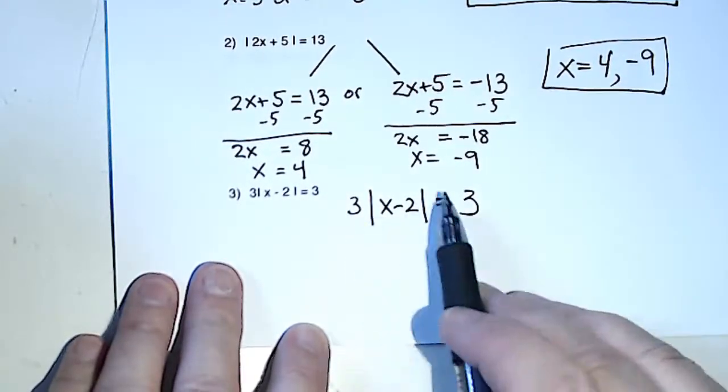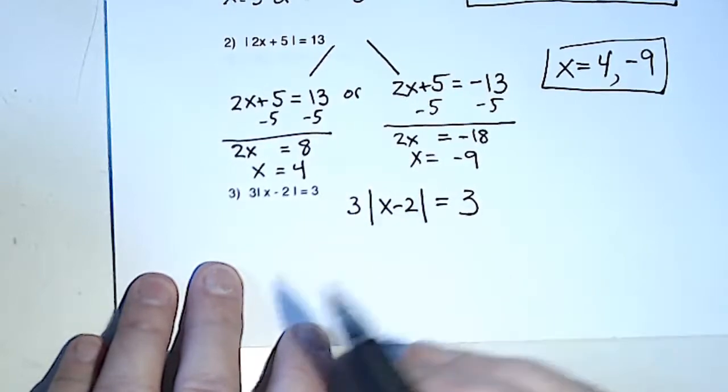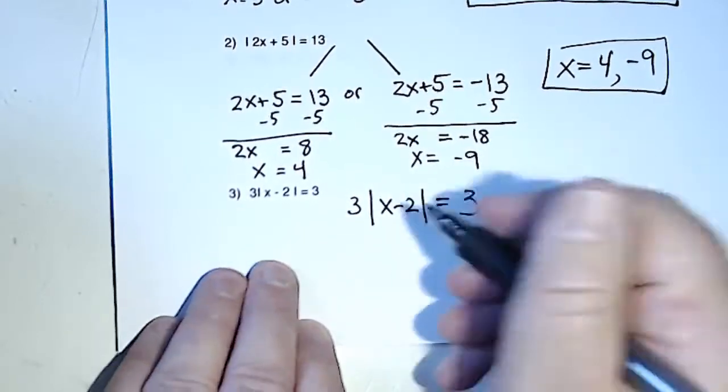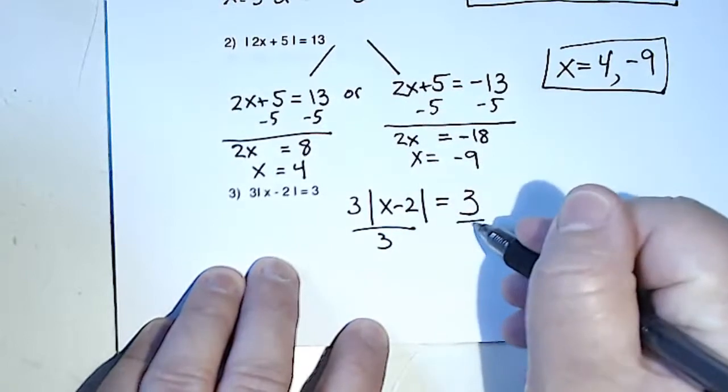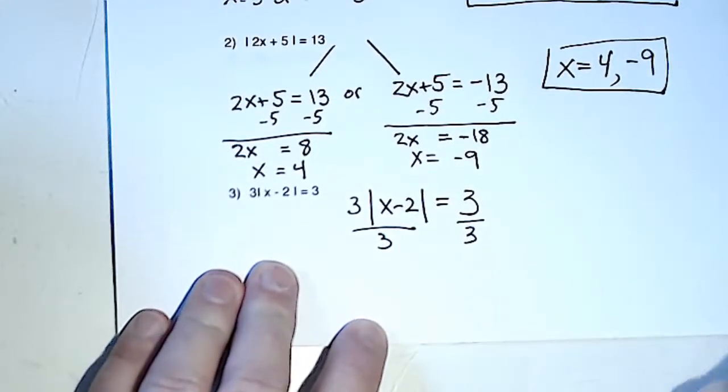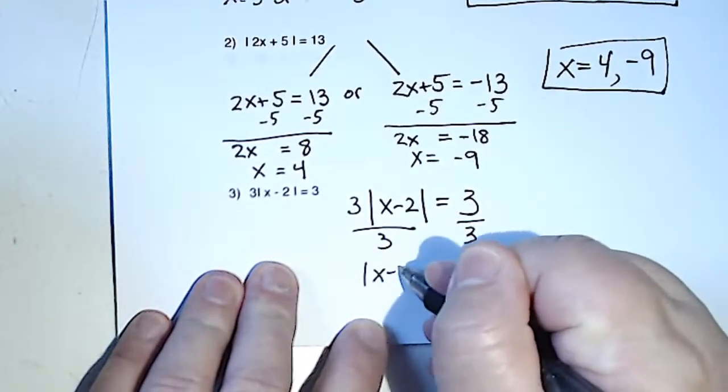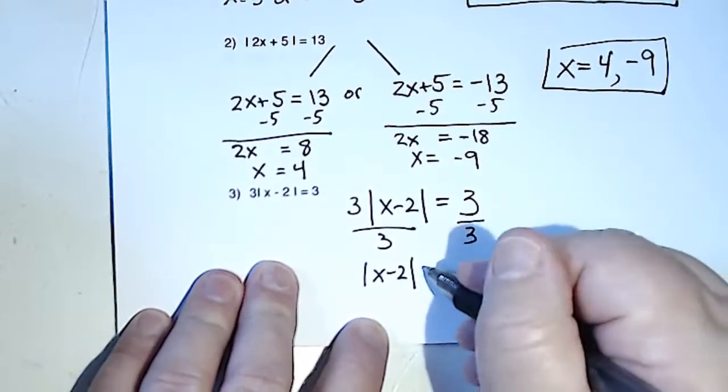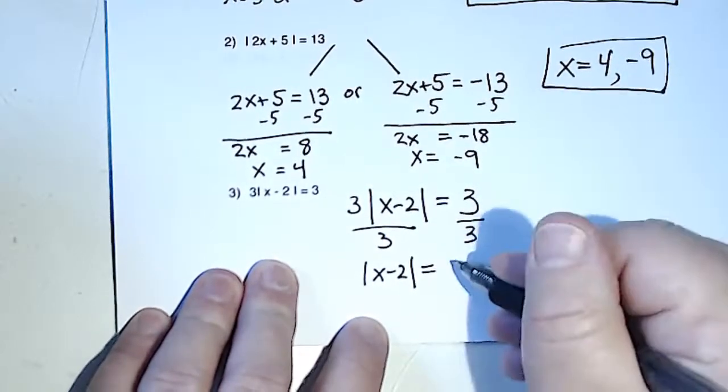I've got to isolate this absolute value so I can do the this or that thing. So I'm going to divide both sides by 3. So I get the absolute value of x minus 2 equals, and in this case, 3 over 3 is 1.